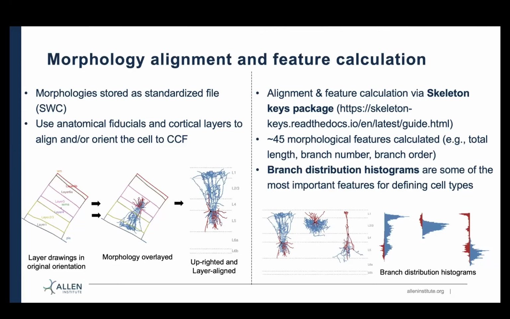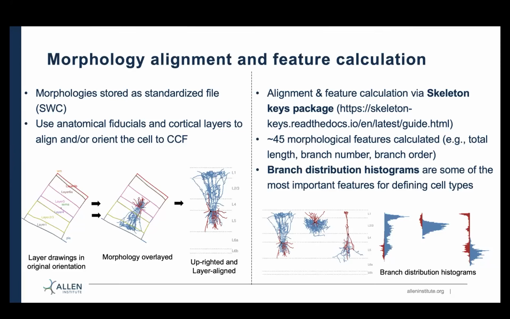So to calculate morphological features like total axon length or the number of branches or even surface area of the dendrites, we run each SWC file through a skeleton keys package, which is publicly available online. And then we also calculate these branch distribution histograms, which report the amount of dendritic or axonal length at 5-micron intervals throughout the cortical depth.